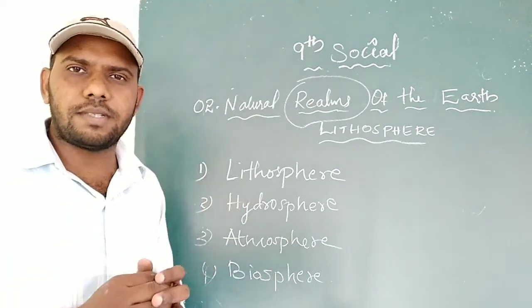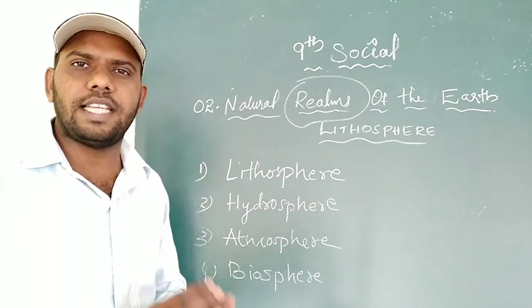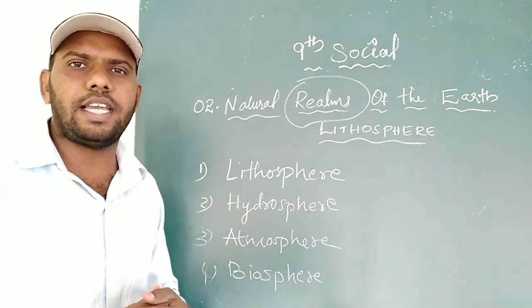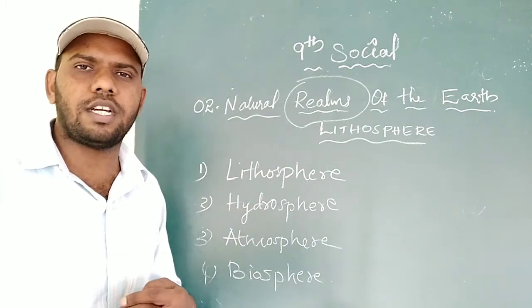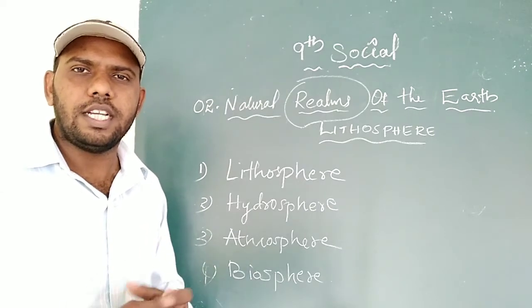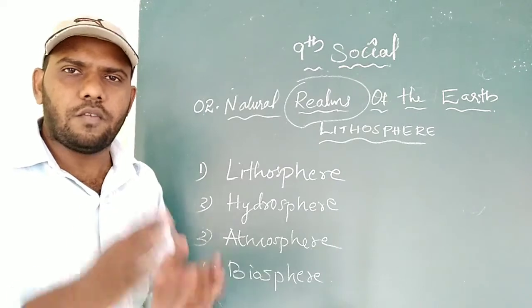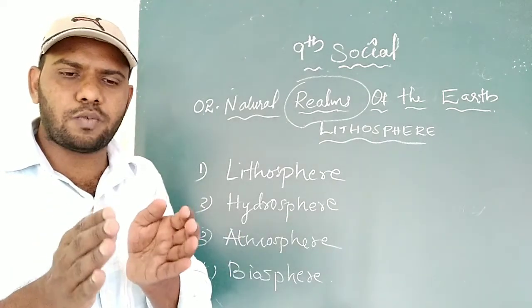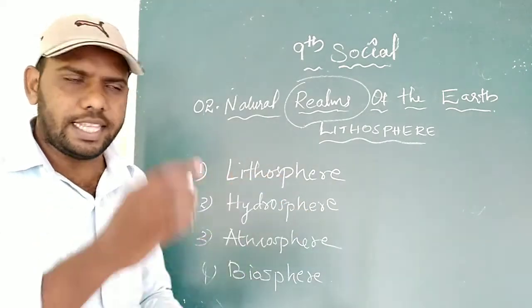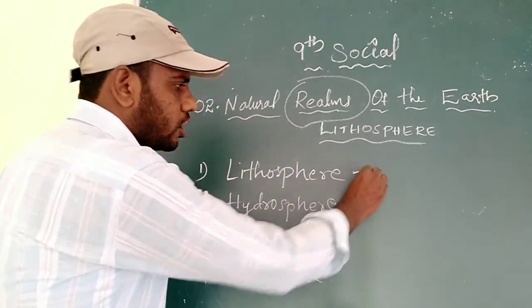For example, they observed that on our earth's surface there are rocky mountains, plateaus, plains, rocks, and soil. All of these have the same characteristics. So they thought we can classify those into one group, and they called it the lithosphere.